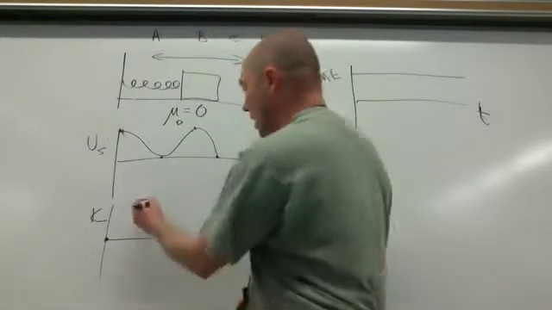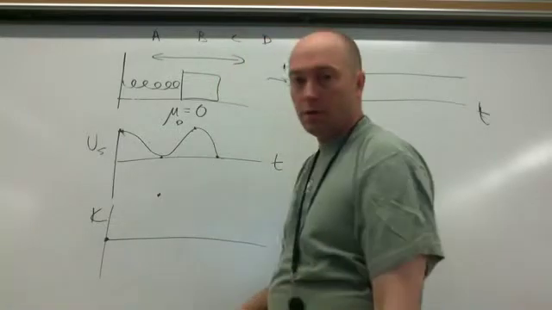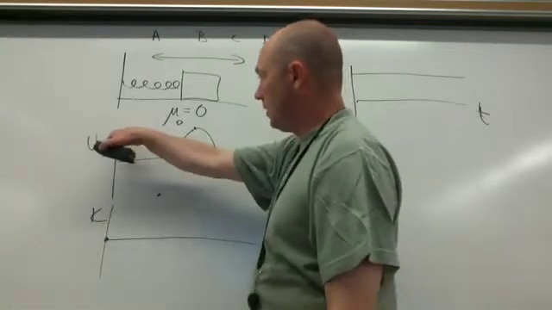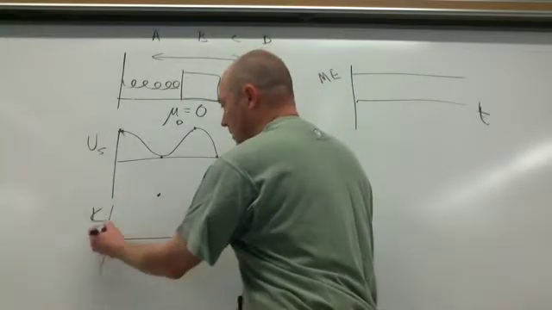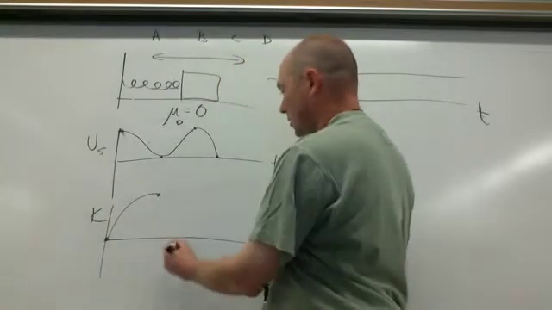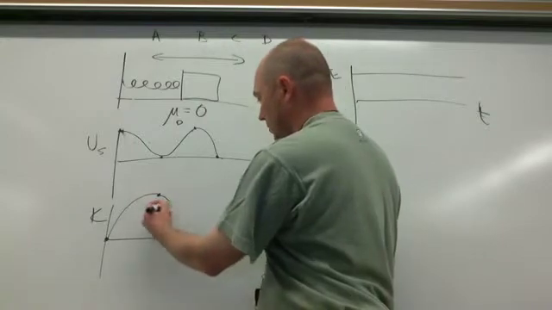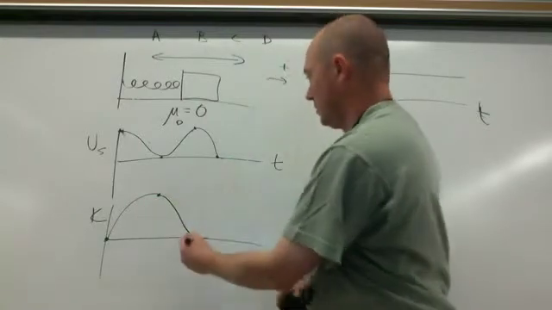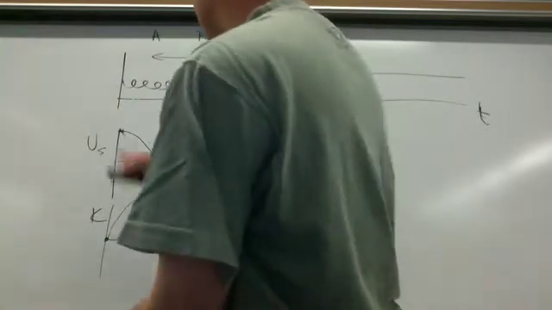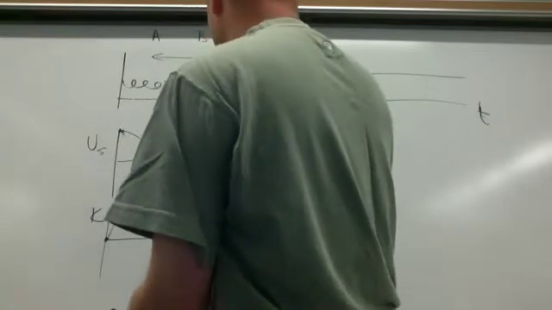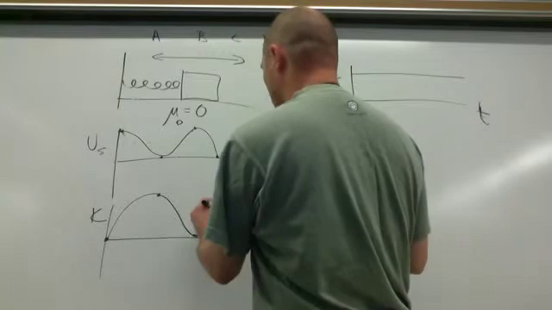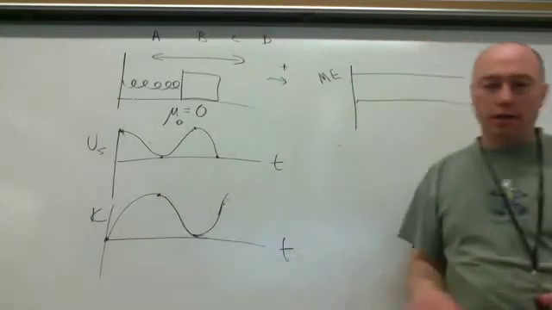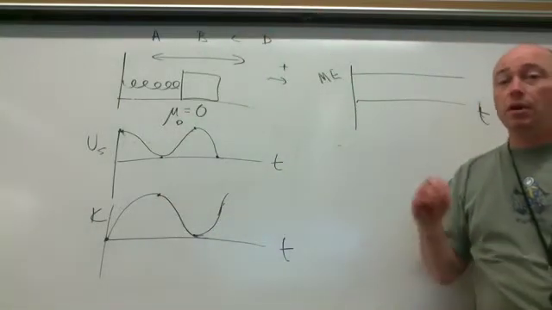At B, I am at my maximum. And then this plus this has to be a constant, so I need to make the inverse of that graph. It has to be back to 0, so I would go back like this. But hopefully, again, should make sense to you guys.